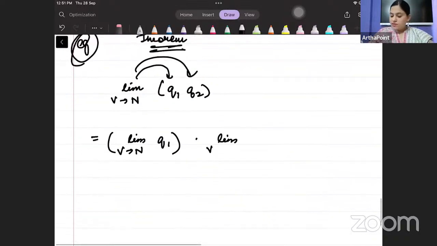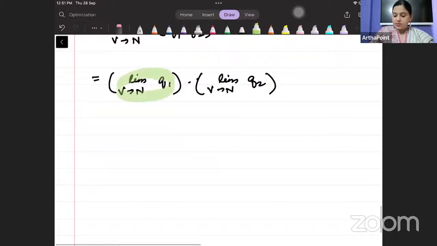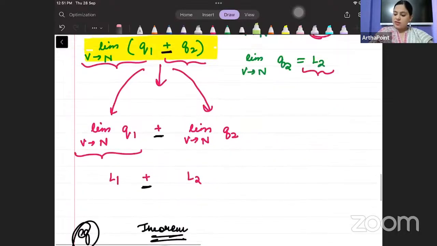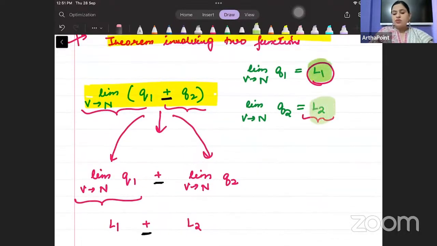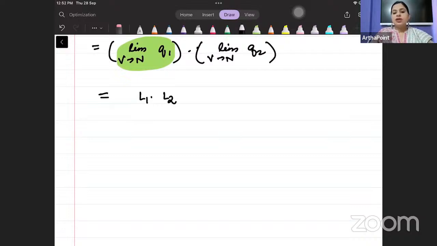And beta what is the value of this, by the way? This is given to me as L1 and that is given to me as L2. So beta just write that down. So this will be your L1 into L2. Clear हुई बात?